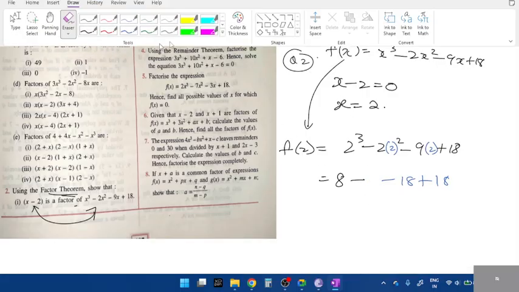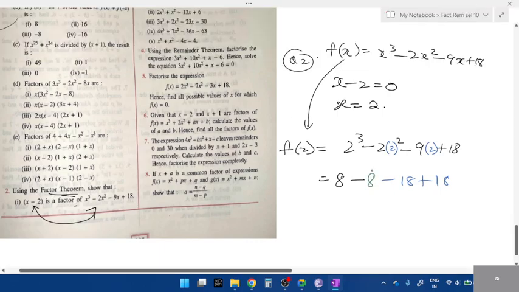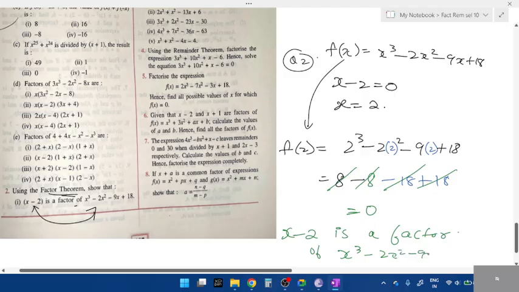Are we getting 0? Plus 18 minus 18 cancels, plus 8 minus 8, and if the answer is 0, then what do you have to write? x minus 2 is a factor. Okay, it's a factor of x cube minus 2x square minus 9x plus 18.